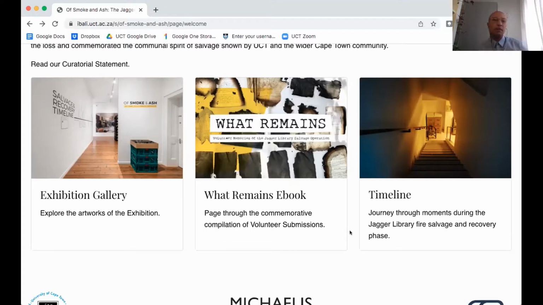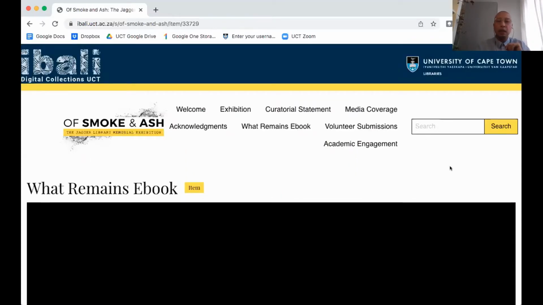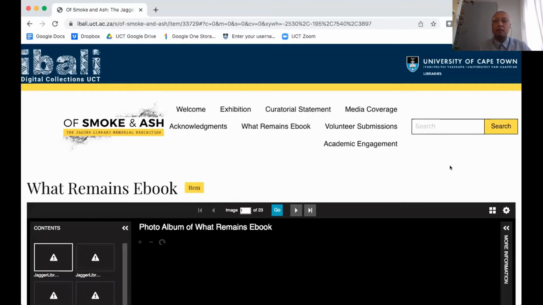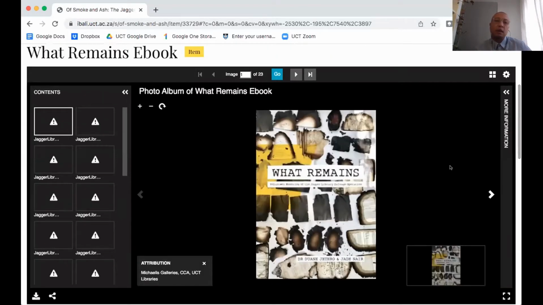We used the over 30 responses that we received from the various volunteers, and we reconstituted these memories into an open-ended scrapbook style book of memory. The title of our book is What Remains, Volunteer Memories of the Jagger Library Salvage Operation.